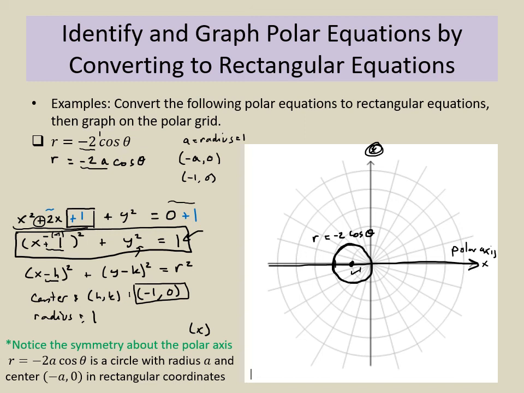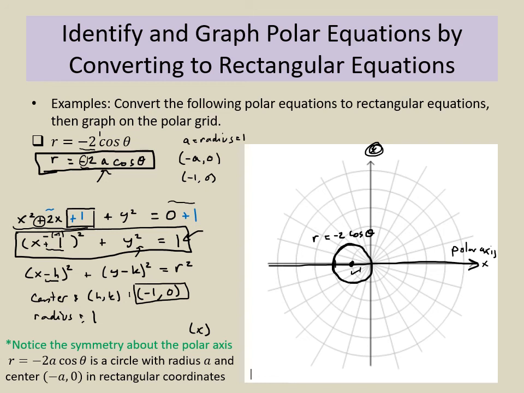So in general, an equation in this format, once again, is a circle with the radius a and the center negative a, comma 0.